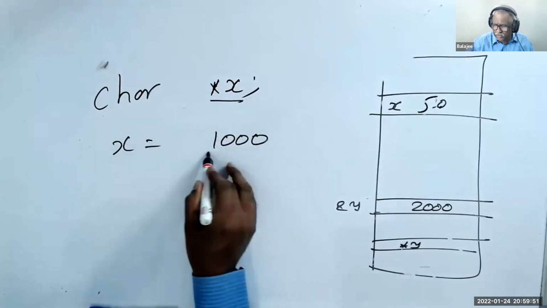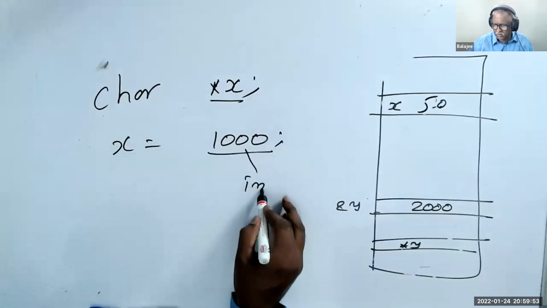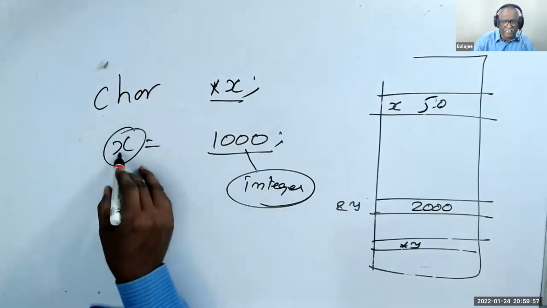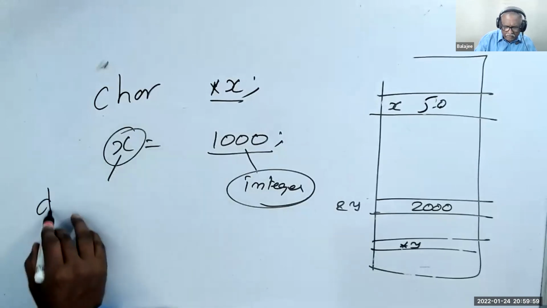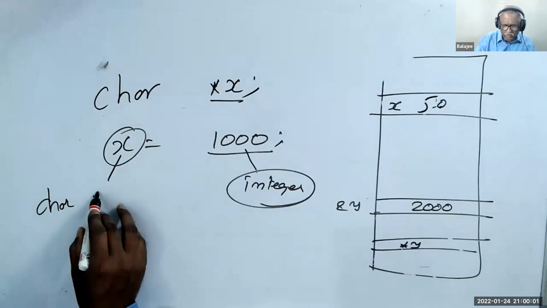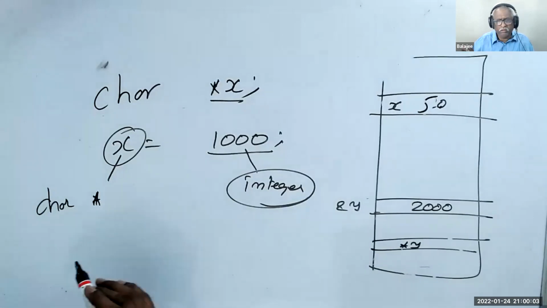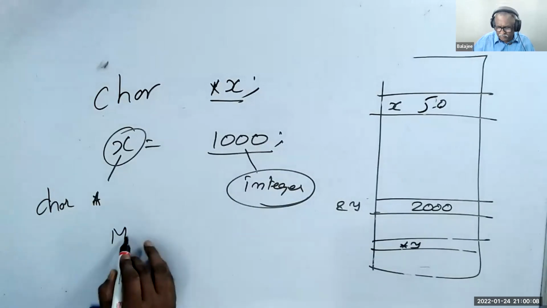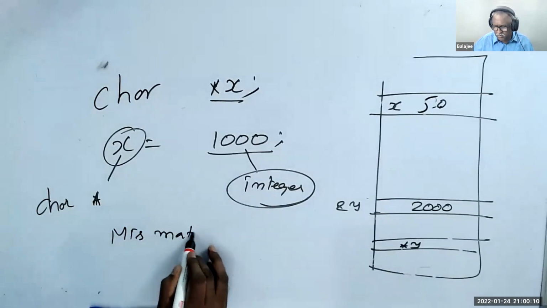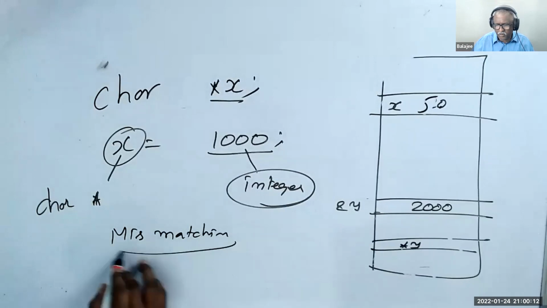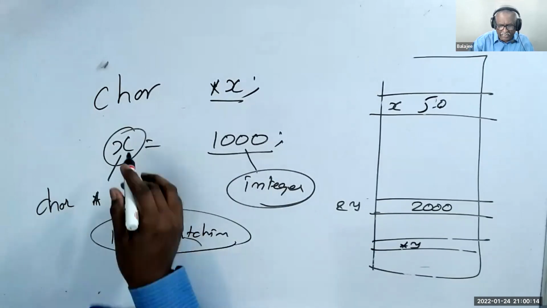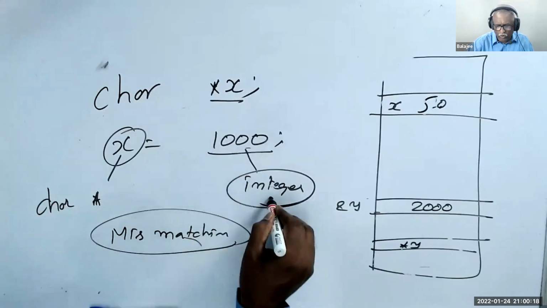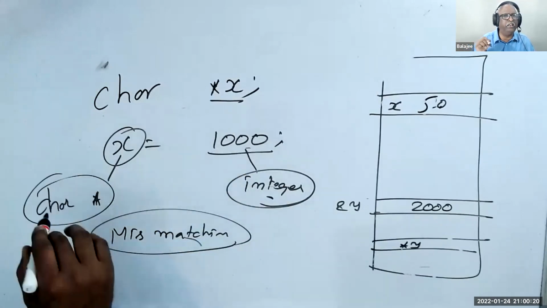The system assumes this as an integer, but x is nothing but a character pointer. So you are doing some mismatching. Both accept the same value, but the type is different. One is integer, one is character pointer.